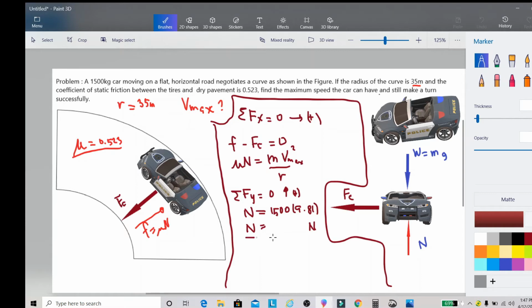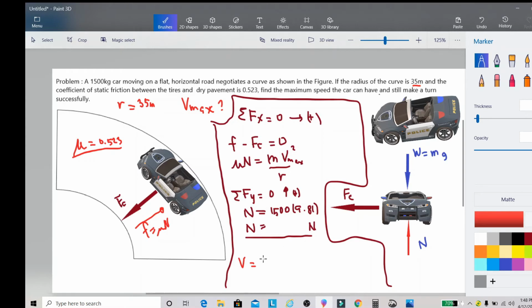Once we get the normal force here, we will just substitute it there and we will get the value of v. So how are we going to solve for the value of v in this case? We say v is equal to, what is mu?